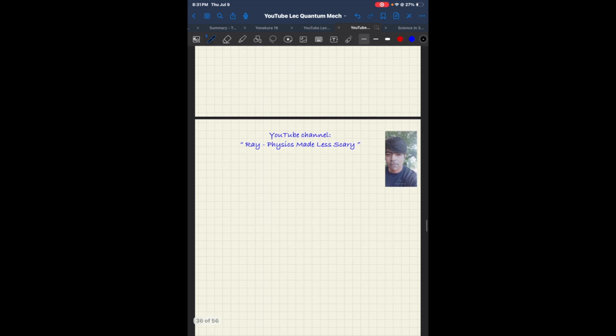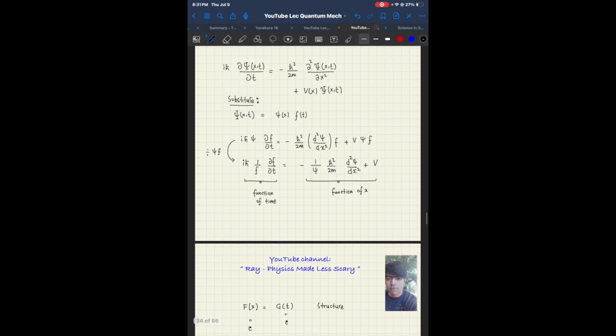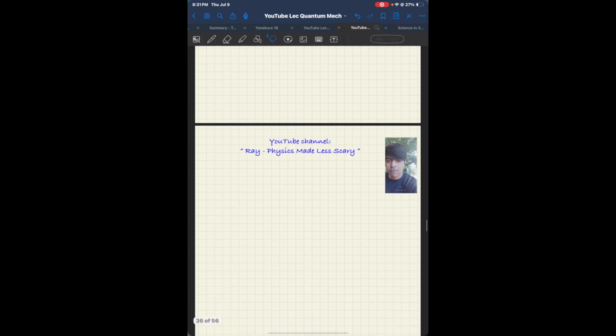What happens to the other half? Well, let's see what happens to the other half. So you are left with this part of the equation, right? Let's copy because I'm lazy. And as I have explained, this has to also be equal to the same constant, right?